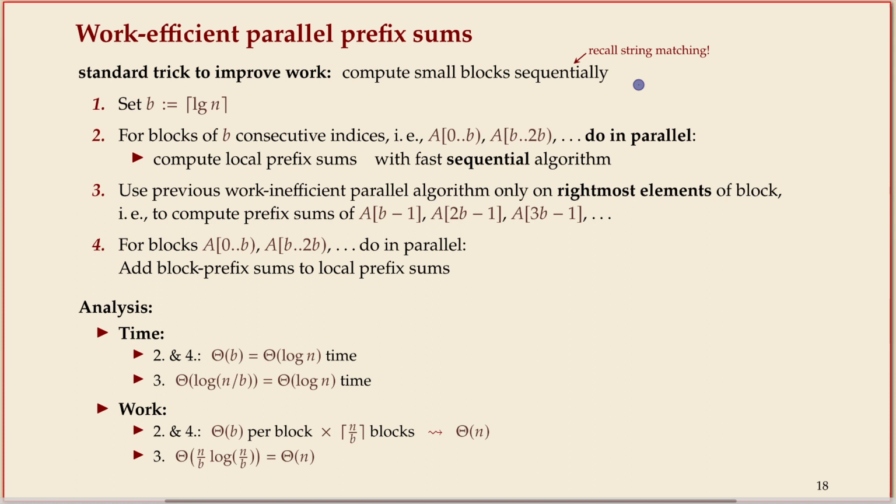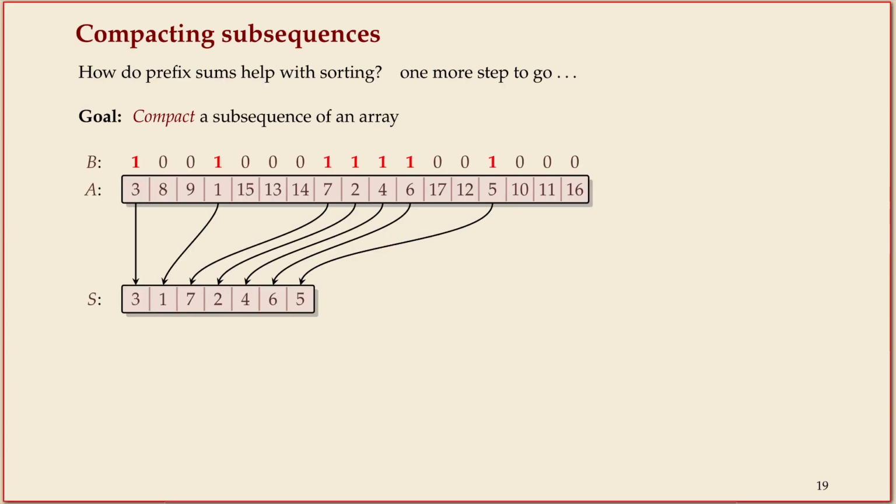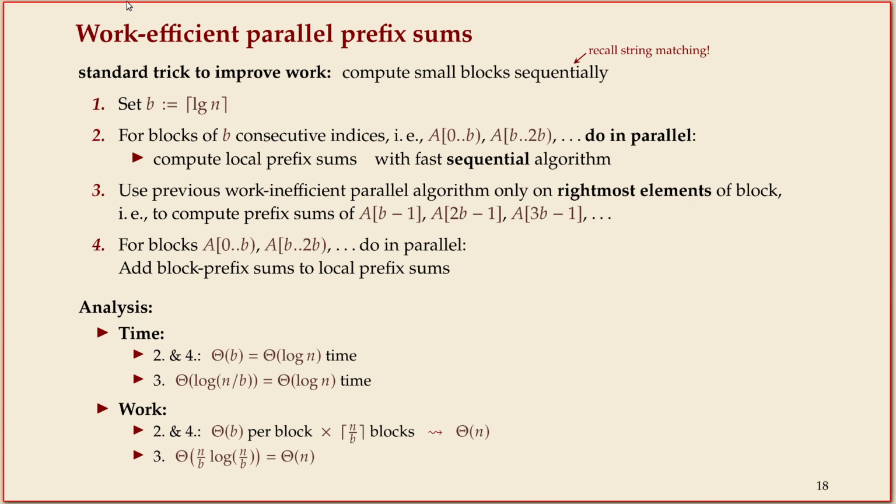So maybe let me do the example first. I'll have to draw that. Let's do a simple example where our array is just all ones. I'll have to draw this a bit nicely so it doesn't get too messy. It's not my strength.